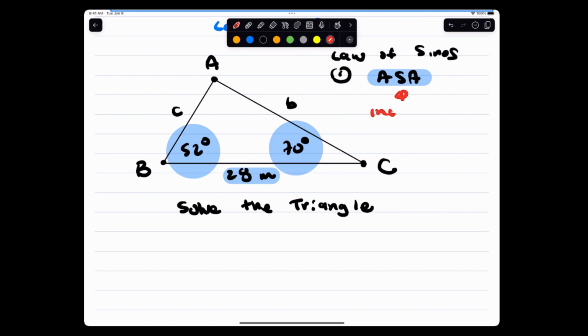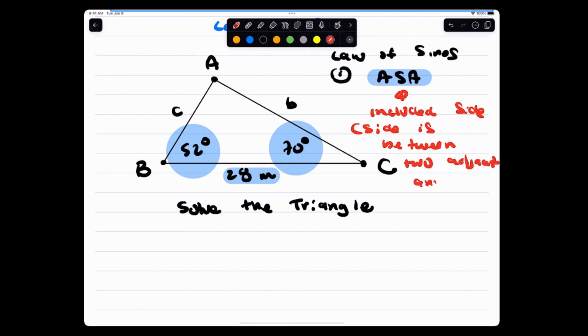You go, what's an included side? It's just between two angles. So the side is between two adjacent angles. If you have this situation, then you always use what? Law of sines.